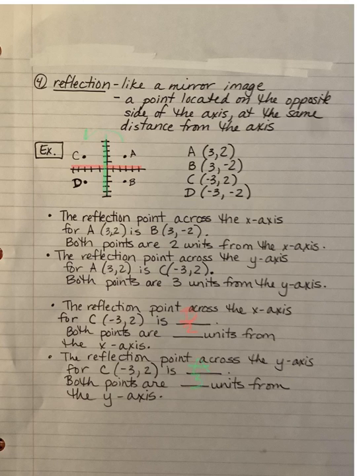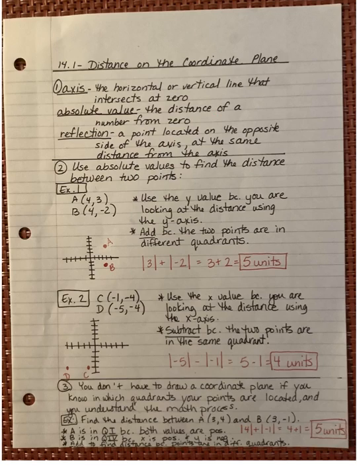So the distance is 3 units from the y-axis. Okay, and that was kind of the same as up in the example, but we just did it the other way. We could do, though, the same thing with D and B. We could say that the reflection point for D is B on the y-axis, and that they are both 3 units away from the y-axis.